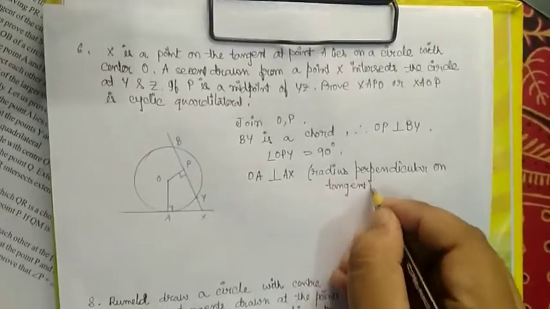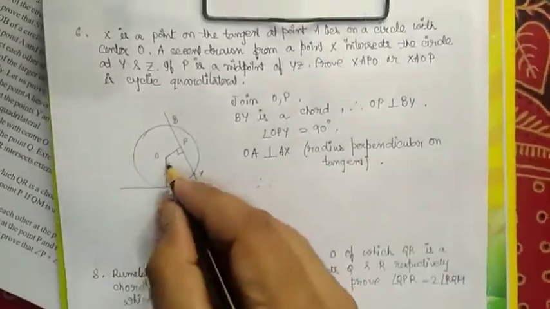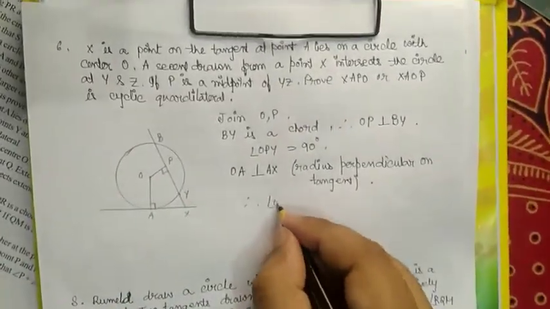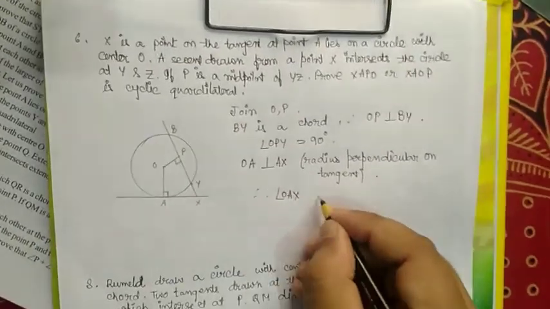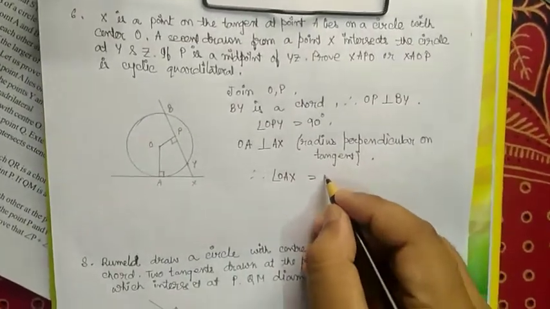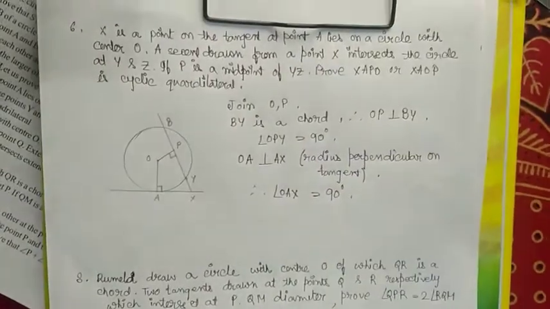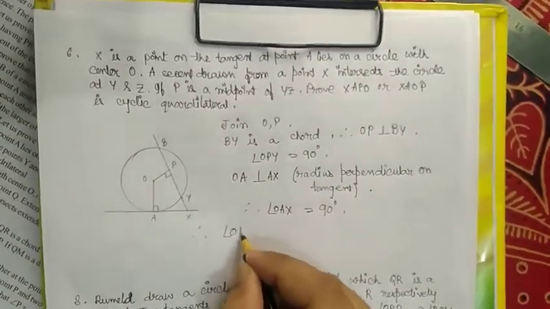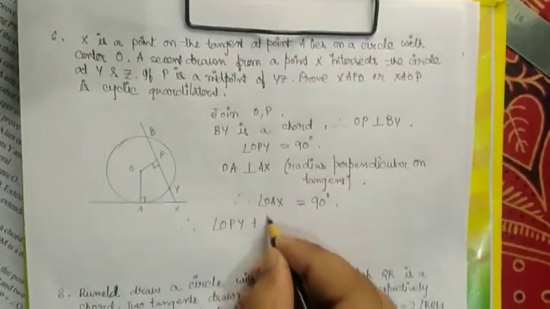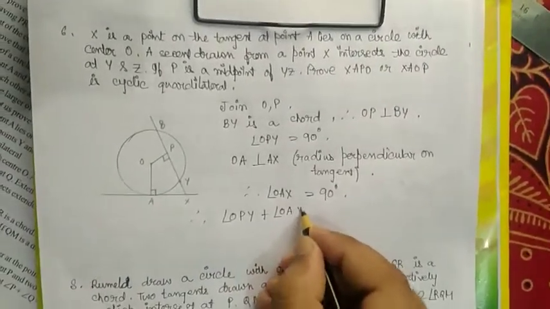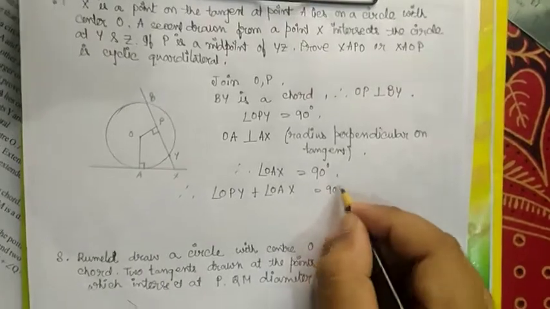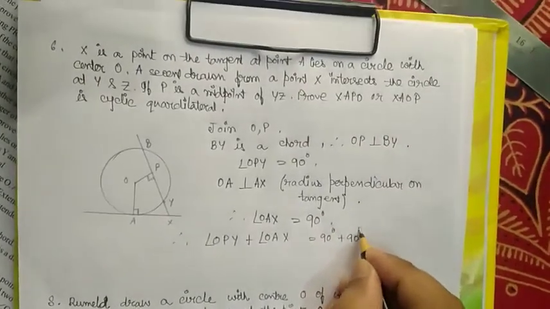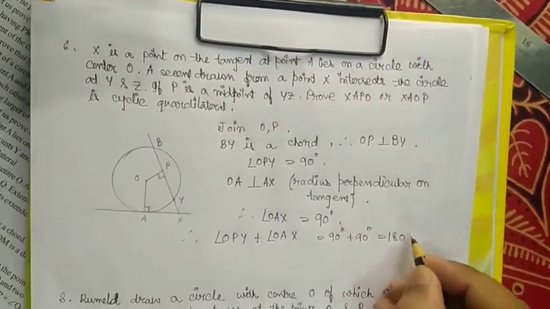So we can say that angle OAX is equal to 90 degrees. Therefore angle OPY plus angle OAX equals 90 degrees plus 90 degrees equals 180 degrees.